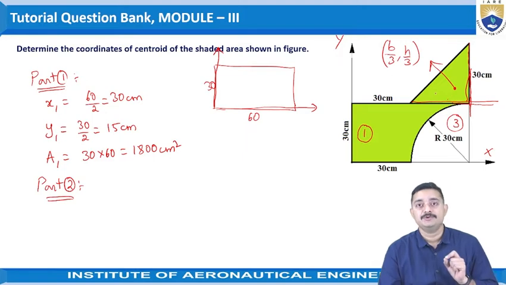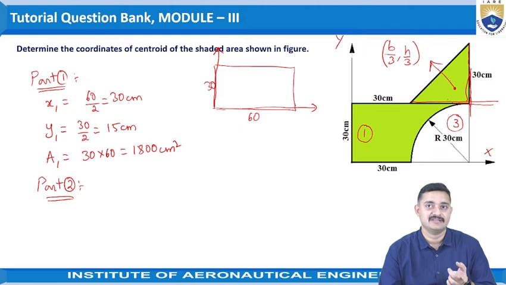So we need to identify the centroid of this particular triangle from the reference axis. That means this total distance we need to identify for x bar or x, we can say, and this total distance from here to here would be for y1 or y2.